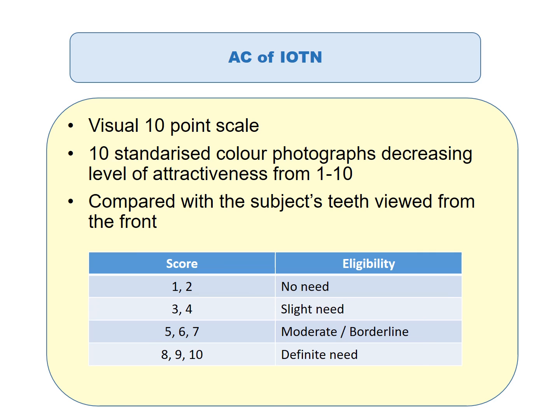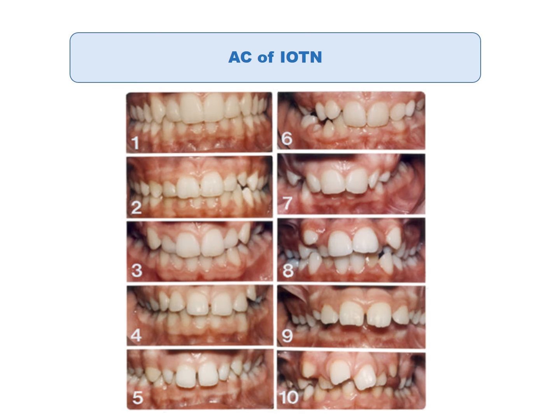The photographs are compared with the subject's teeth viewed from the front. A score of 1 or 2 indicates no need for treatment. Scores of 3 and 4, only a slight need for treatment. 5, 6 and 7 are considered borderline, and 8, 9 and 10 are considered definite need for treatment.